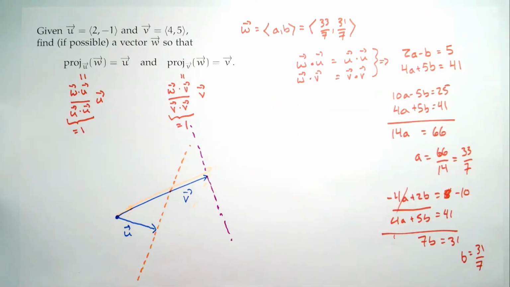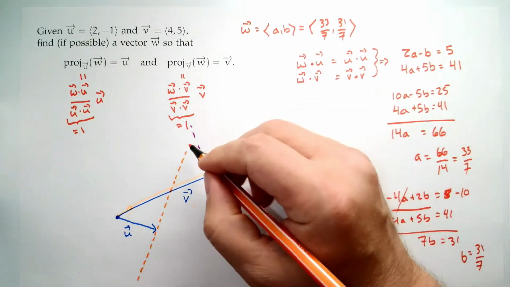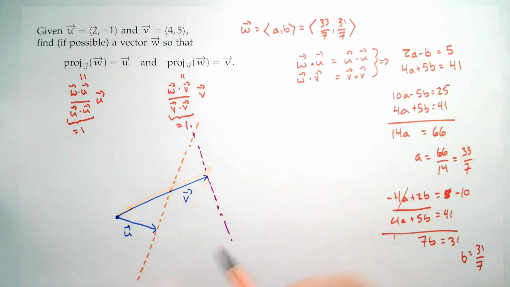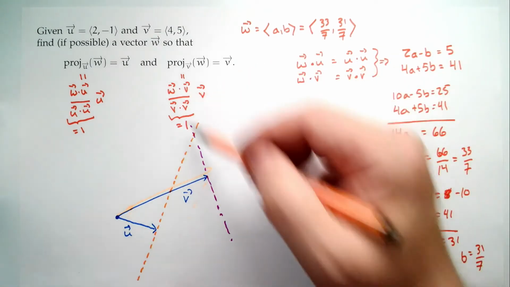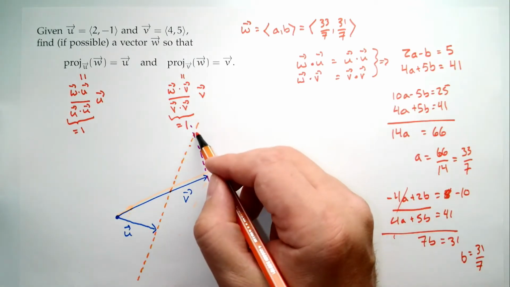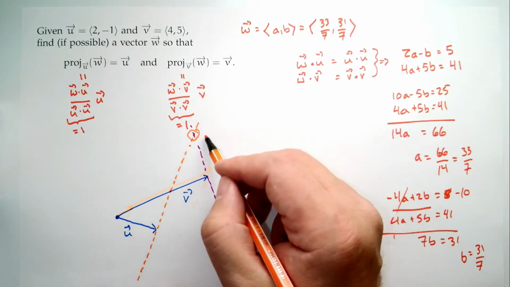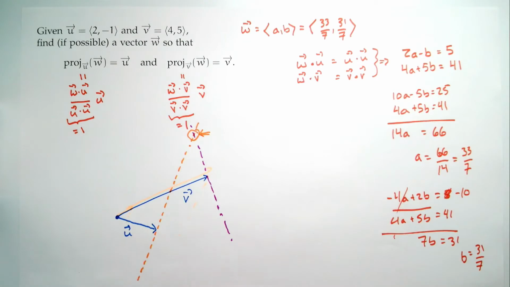I did not plan well, but I've got to be on that line if I want to project onto v in the right way. So our vector would be wherever those two intersected. So there's a geometrical intuition that you can use, so that should the algebra ever fail you, it never will, but should it, there's always geometry to fall back on.